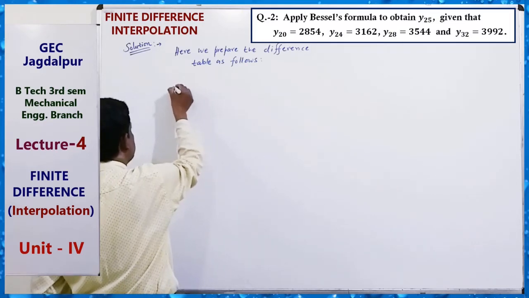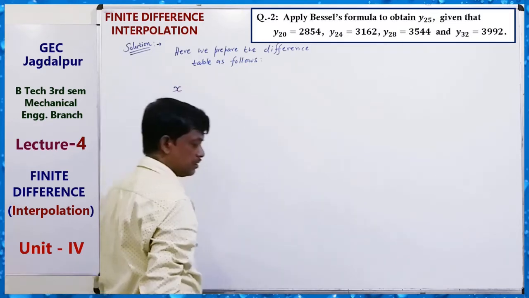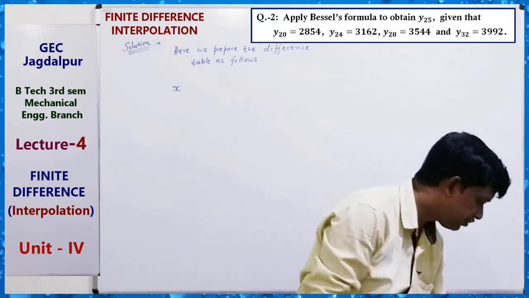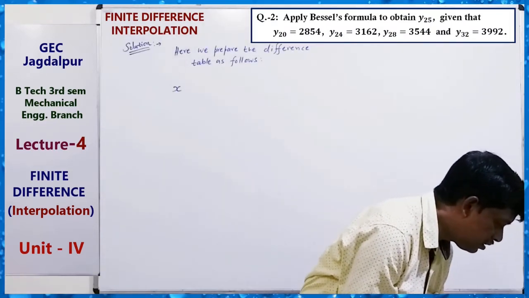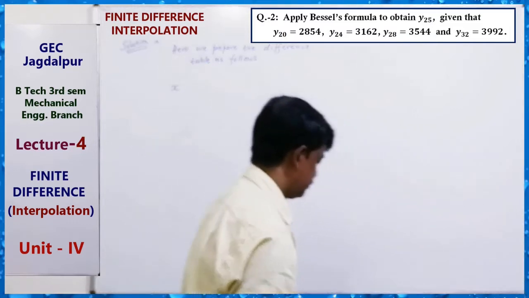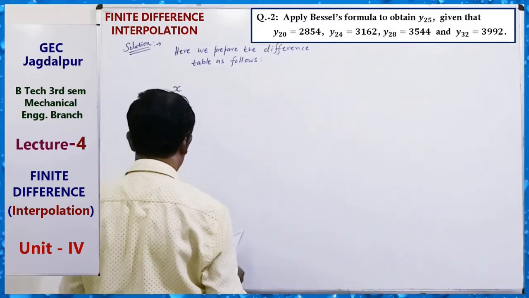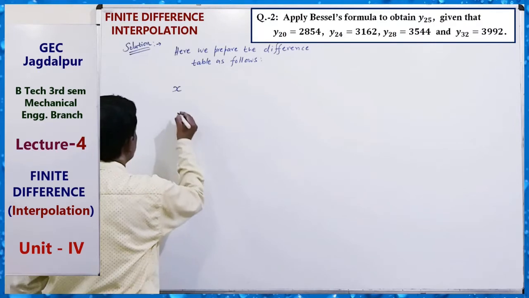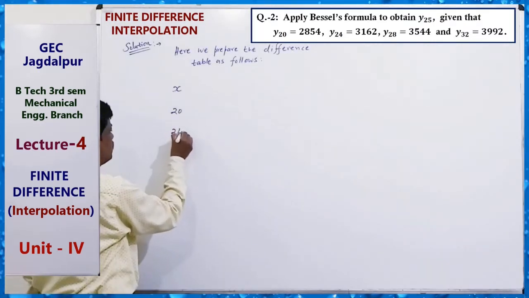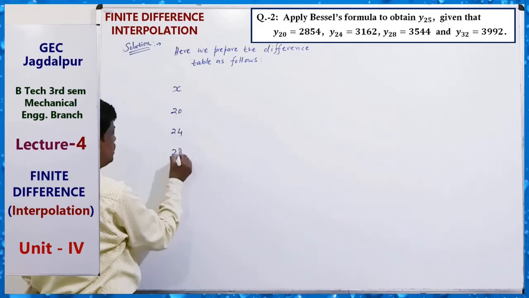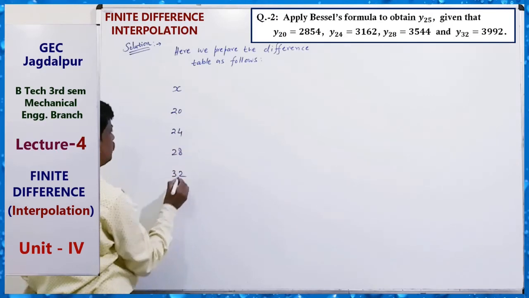Okay, value of x. Value of x is what? 20, 24, 28, 32. Four values are given.